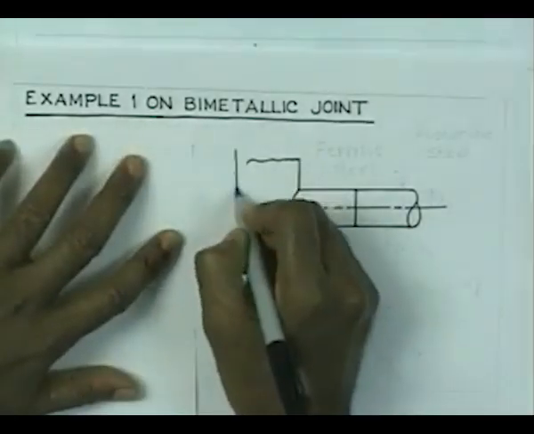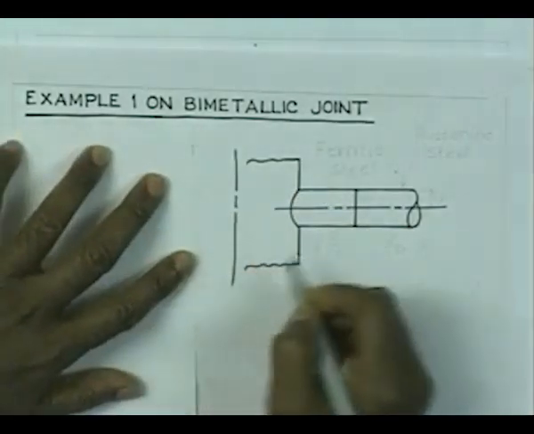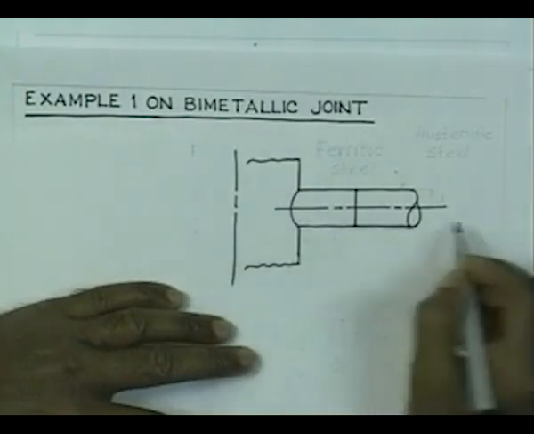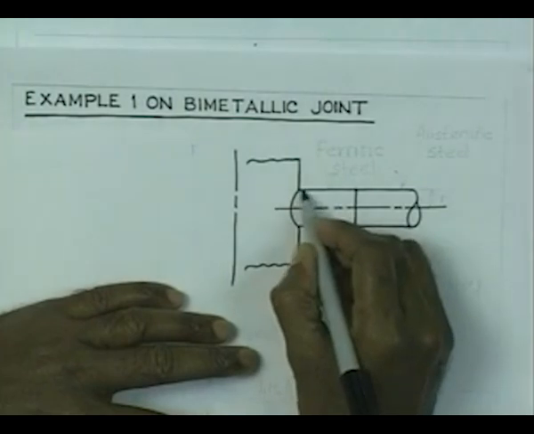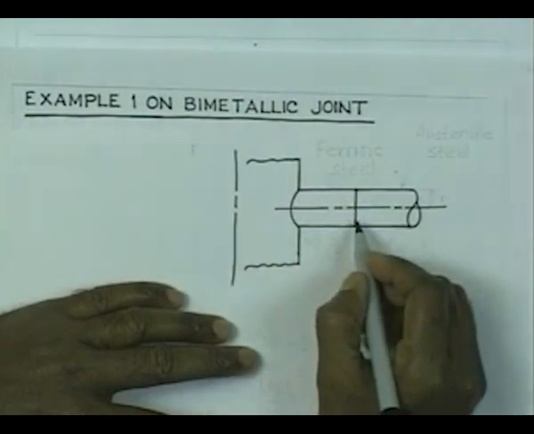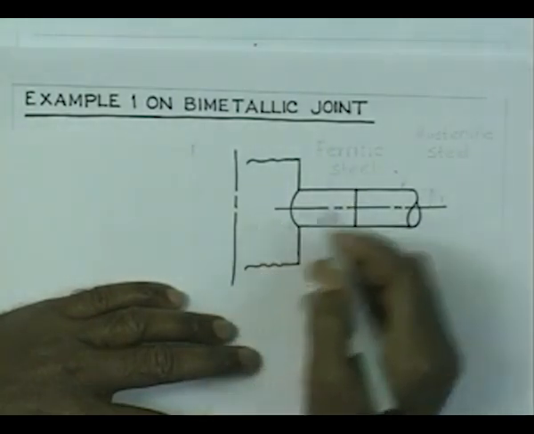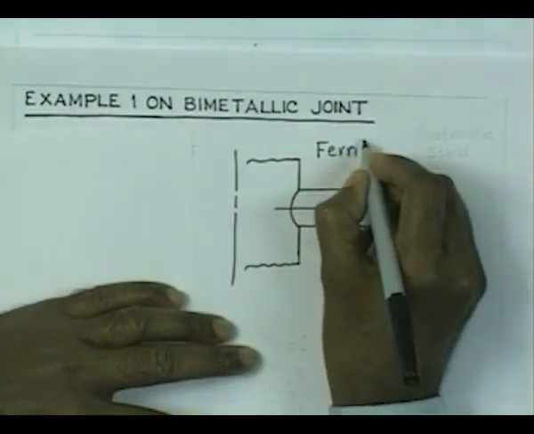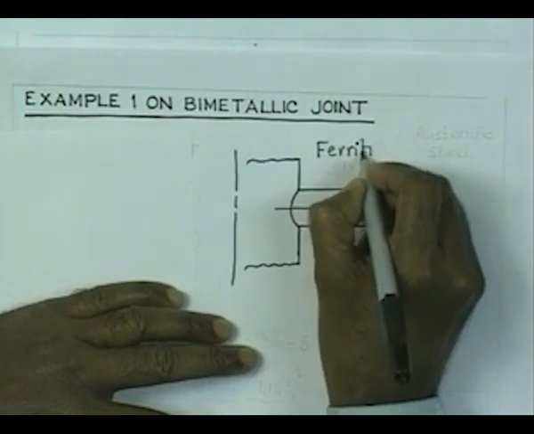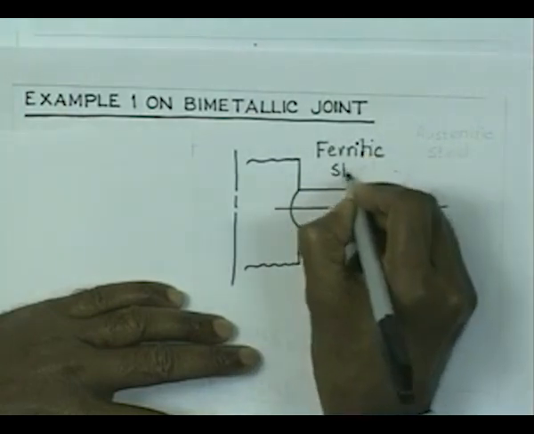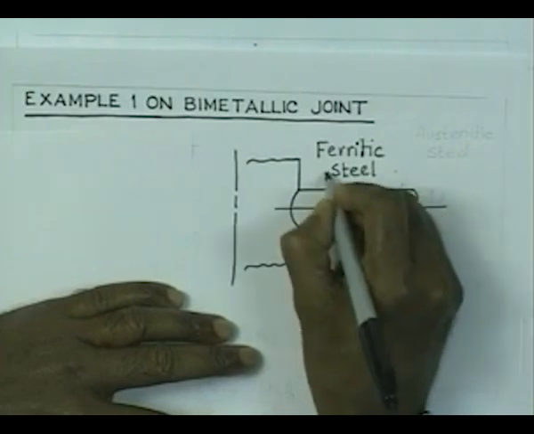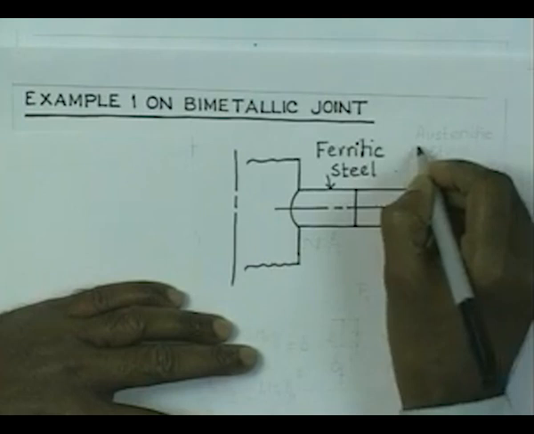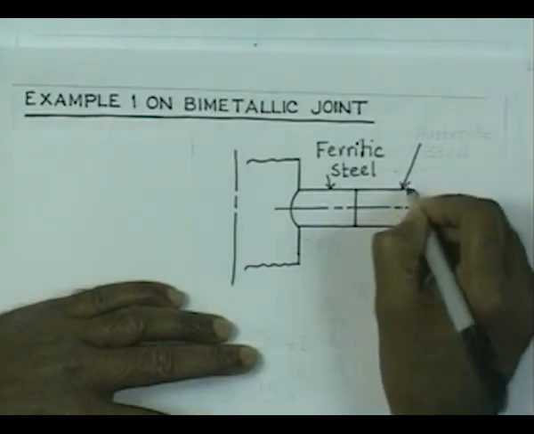So, you think of it that you have a vertical vessel here, and this vertical vessel has a nozzle junction which is like this, and this portion of the pipe which is connected to the vessel is made up of ferritic steel. So, this is made up of ferritic steel and this portion is made up of austenitic steel.